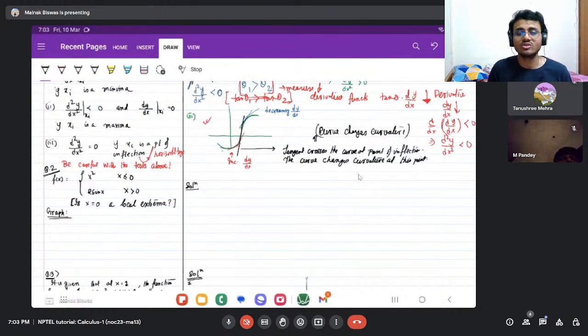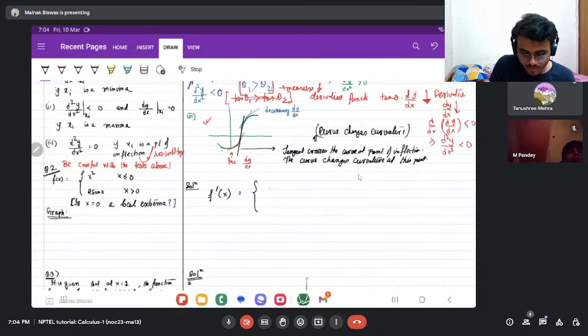Is it a local extrema? Forget minima, maxima. How do you see if there is an extrema at a point? By taking derivatives, right? So you have 2x here, and you have 2 cos x here.